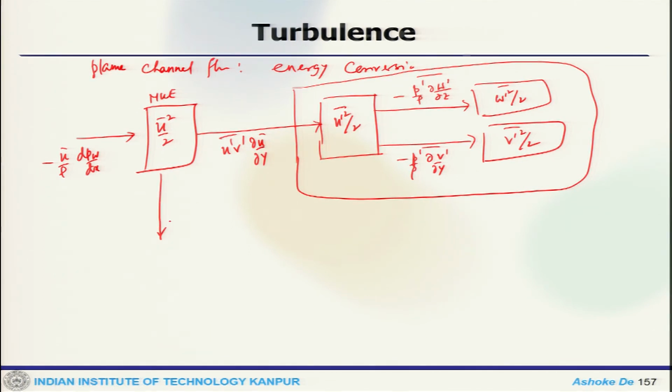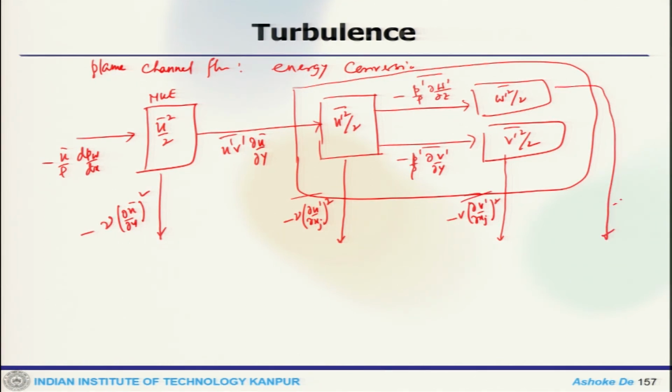Now, here this is nu del u prime by del y square, then this minus nu del u prime by del x j square, then this del v prime by del x j square, and this one also minus nu del w prime by del x j.